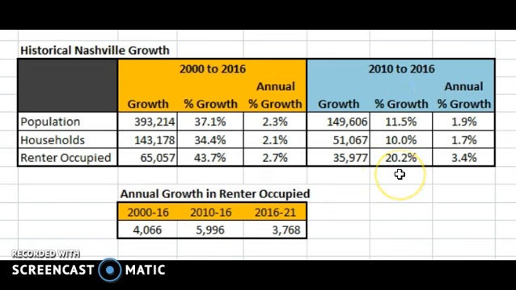If you converted this growth, this line I'm focusing on right here, the renter-occupied housing units, you're adding between 2000 and 2016 about 4,066 renter units per year. That accelerated in 2010 to 2016 to just under 6,000 per year, and projected over 2016 to 2021 to be between 3,700 and 3,800.